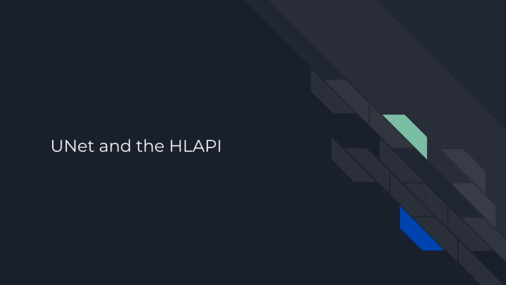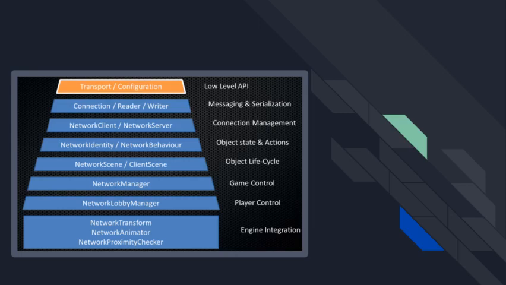So, getting into that, we start off with trying to understand what is UNet, which is Unity Networking, and the high-level API, Application Program Interface. Here is a picture I pulled off of their tutorial site.